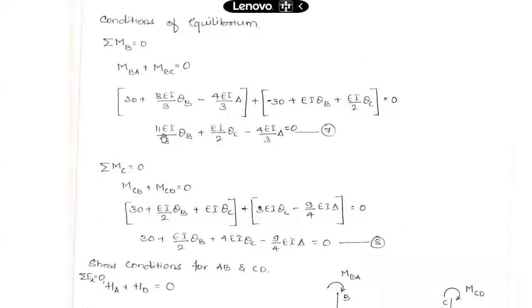So it gives me 11 EI by 3 theta B plus EI by 2 into theta C minus 4 by 3 EI delta is equal to 0.